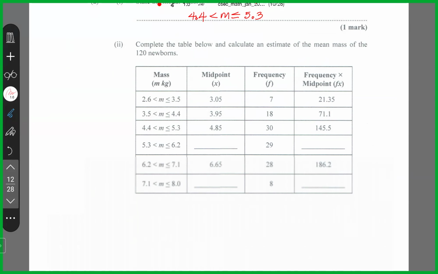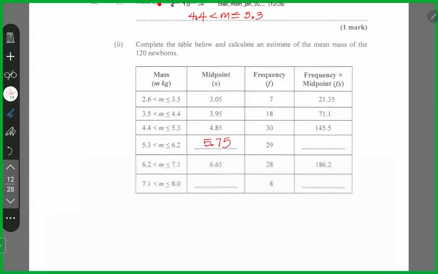So if we take away 3.05 from 3.95, what we get is 0.9. So it's going up by 0.9. So 4.85 plus 0.9, this is 5.75.